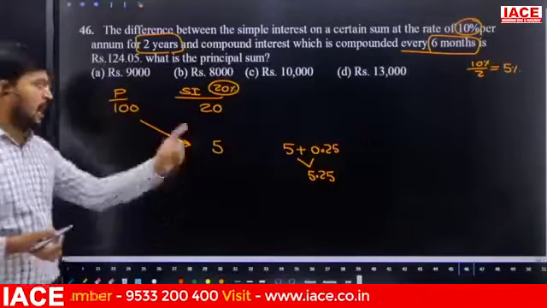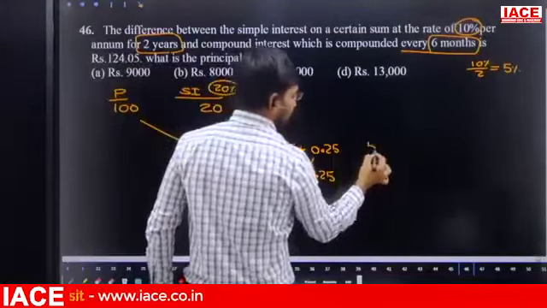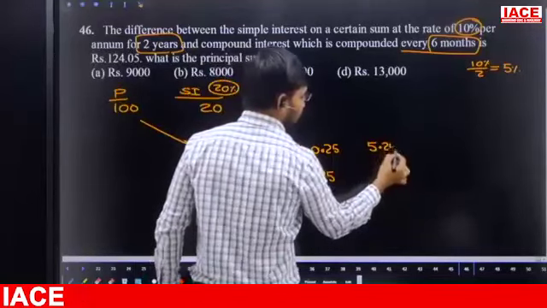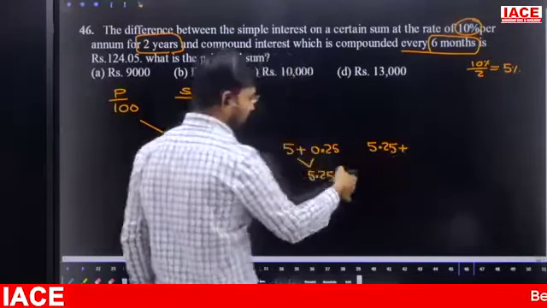So the third half year is 5.25 plus 5% of 5.25.